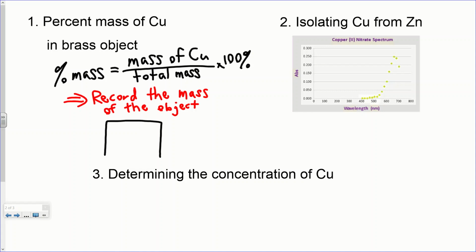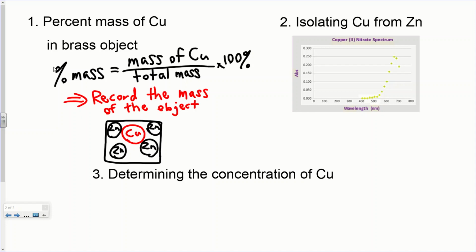Because remember, brass is an alloy of copper and zinc. So that means we have our zinc atoms and we have our copper atoms, and they're all kind of mixed together in this hard solid. So we're not going to be able to separate out the copper atoms to measure their mass separately, at least as it exists as a brass object.